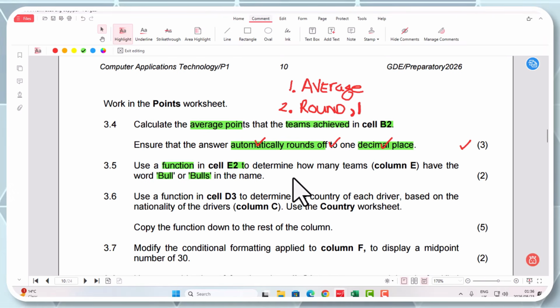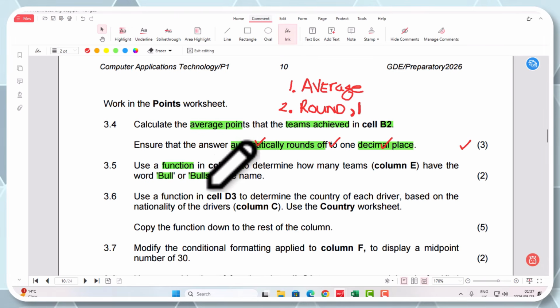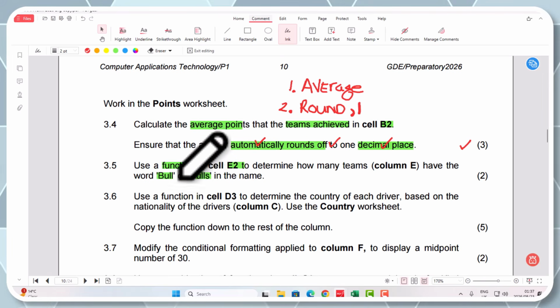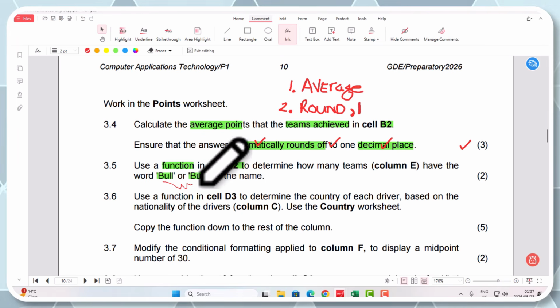So this goes back to our JIT training, guys. Can you see there, I've either got a single bull or I've got bulls? That's like the men and the women that time when we were doing the JIT training.